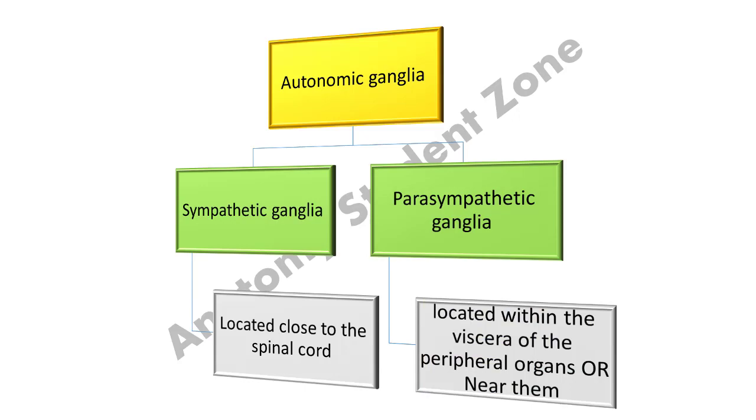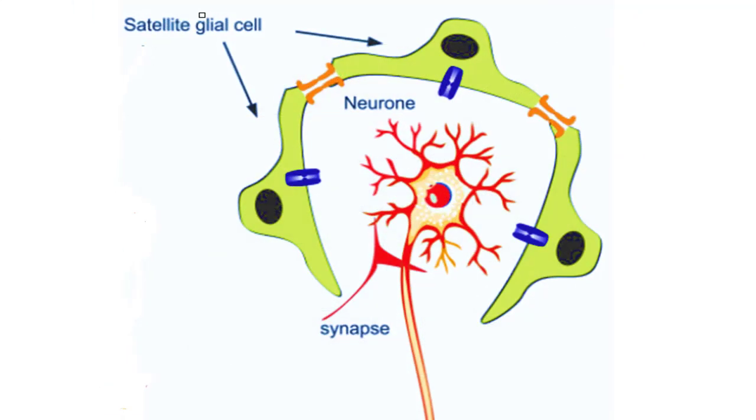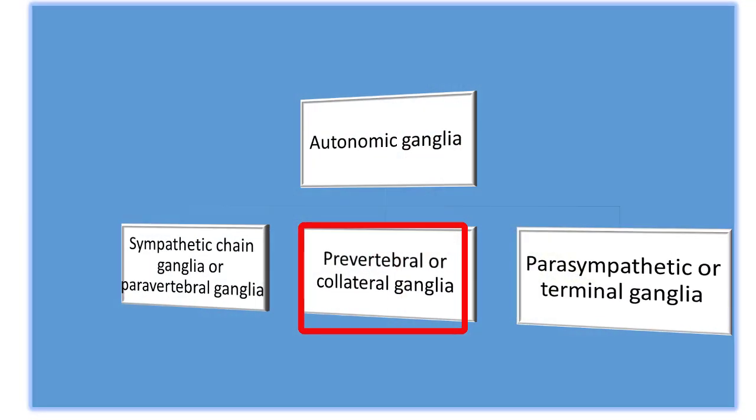We have already described the principal cells of the autonomic and the sensory ganglia. I have told you that the autonomic ganglia cells are multipolar neurons, and the cell bodies of these neurons are surrounded by satellite cells. We briefly covered the sympathetic and the parasympathetic ganglia, but there are also prevertebral ganglia.